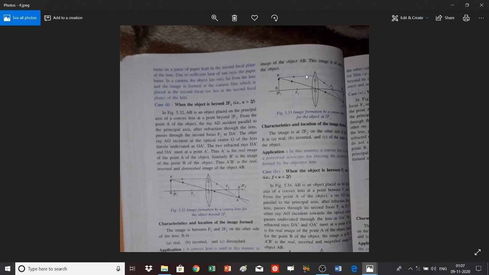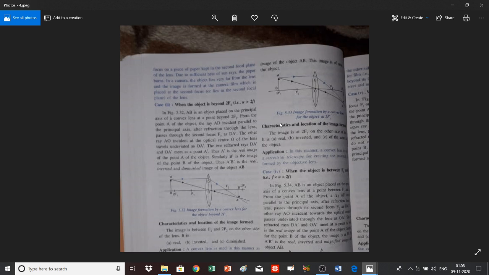After refraction it will pass through the second principal focus f2, and it will pass in this direction, and these two refracted rays will meet at the point A prime. That means the image of the point A will form at the point A prime. Similarly, the image of the point B will form here, B prime. So B prime A prime is the image of the object AB.